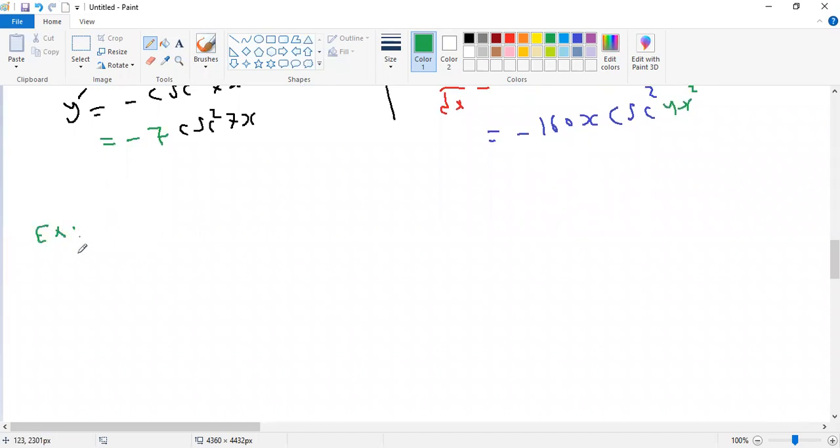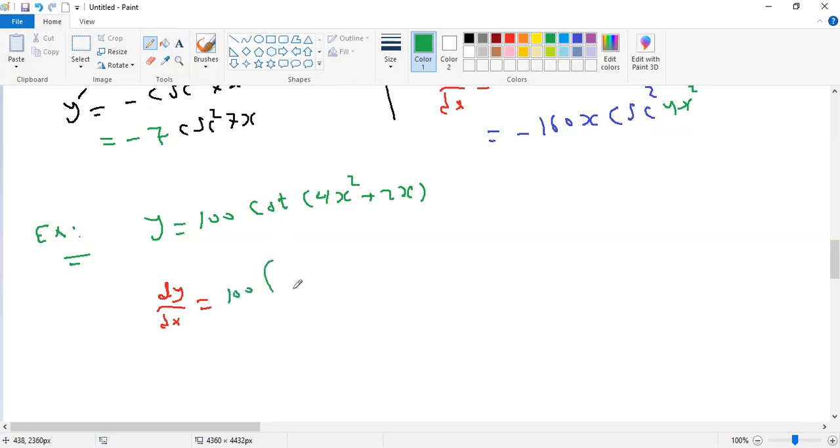Example: if we said y equal to 100 multiplied by cotan 4x squared plus 2x. So dy/dx equal to 100, and the derivative of cotangent is minus cosecant squared, because the angle is 4x squared plus 2x.